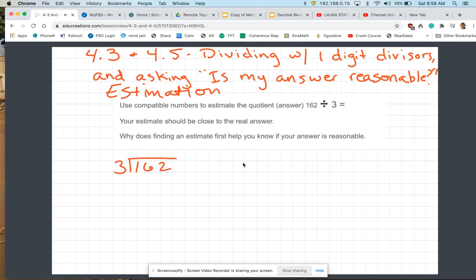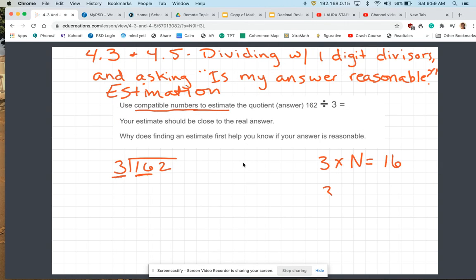This is my actual answer, and what I'm looking for is using compatible numbers to estimate. Remember, compatible numbers are those friendly numbers that are easy to get. So here my base facts are going to be close to 3 times something equals something close to 16. It's not going to equal exactly 16.